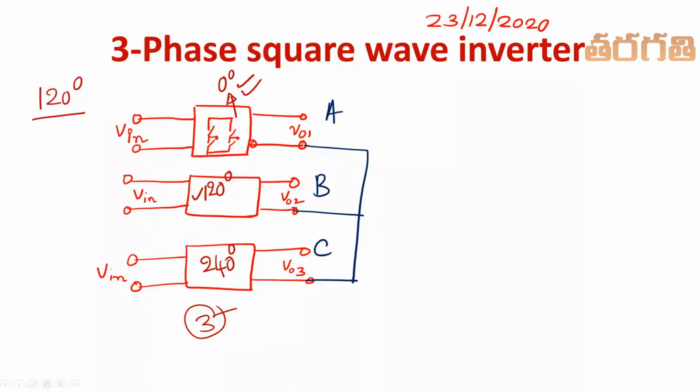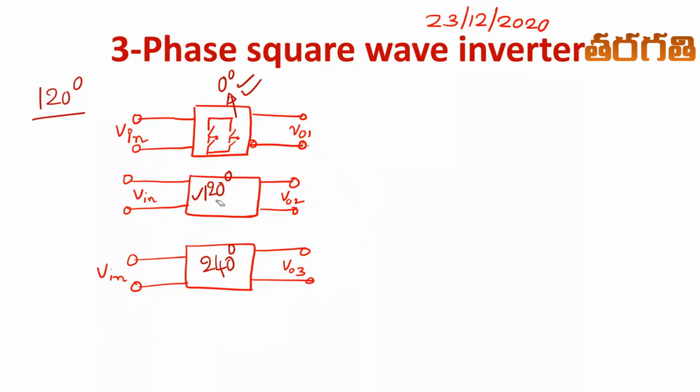Suppose it is required for you to obtain the delta connected input, then it is possible for us to obtain the delta connection also. Have you obtained the delta connection? Yes, you join this one.